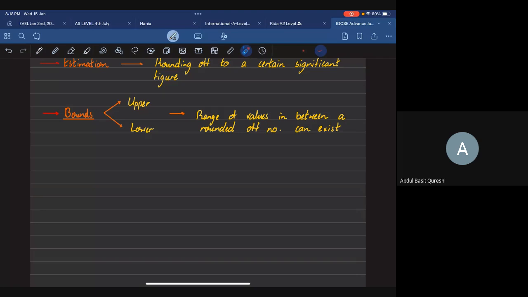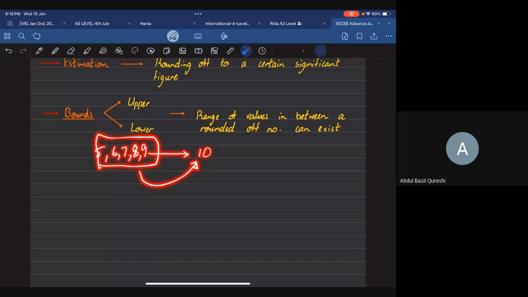For example, if your final answer is 10, and 10 has gone through the process of rounding off, that means the original can be anything from 5 upward. All of 5, 6, 7, 8, and 9 are rounded off to 10.